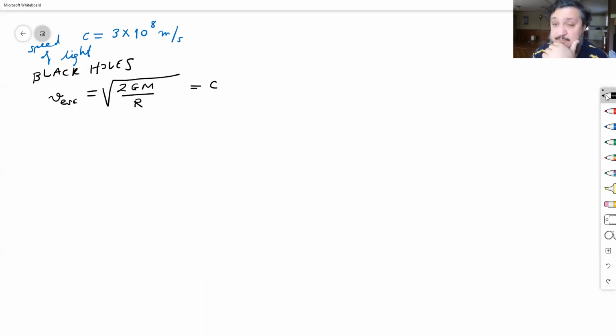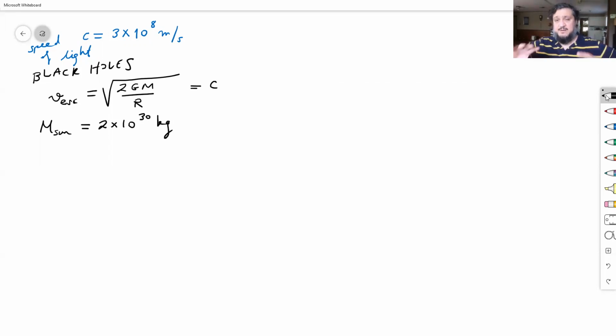Let's take M to be the mass of the sun, which is about 2 times 10 to the power 30 kilograms. Okay? So we know G, M is given, c is given. We can solve for R.